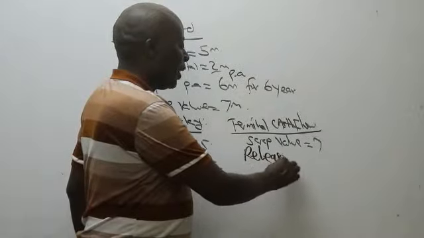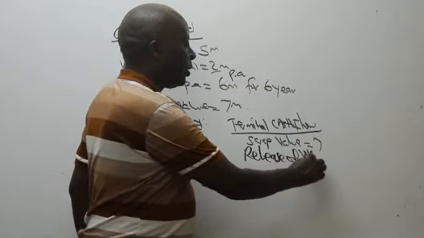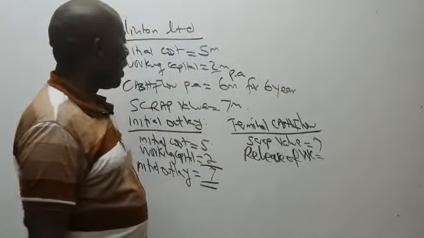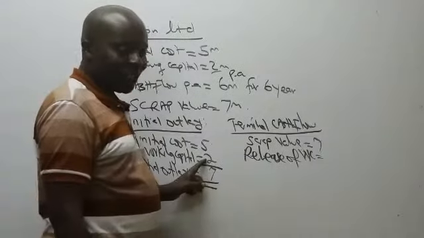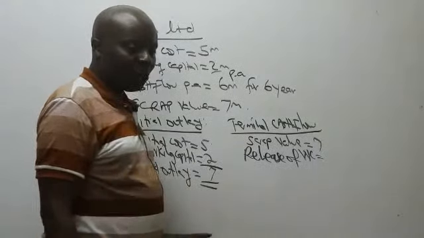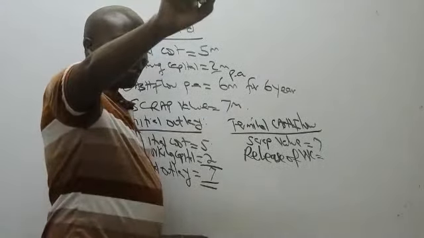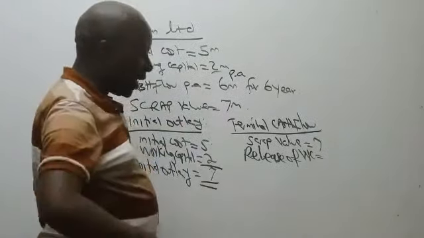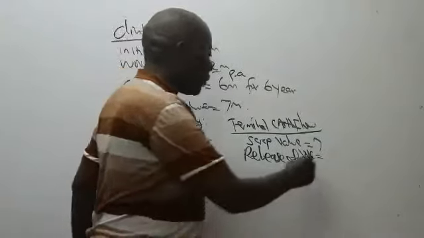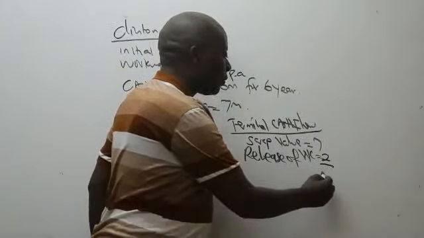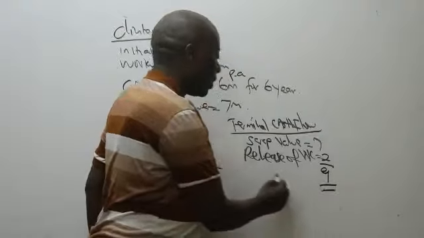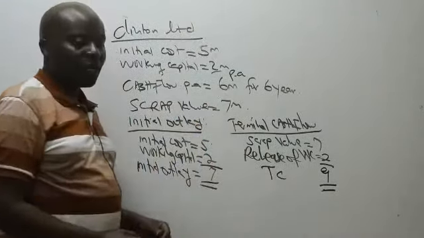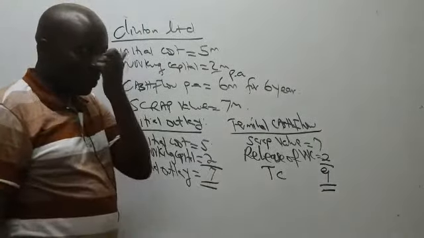This working capital doesn't change. At the beginning of the project, we put it in. At the end, the project gives us that working capital back. So release of working capital of 2 million. So the terminal cash flow will be 9 million. TC stands for terminal cash flow.